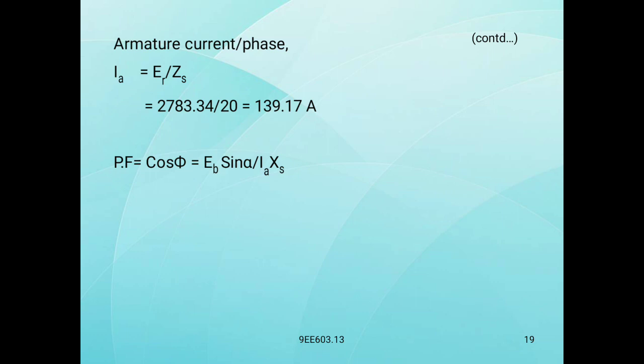We know the values of EB, sin alpha, IA and XS, so by substituting those we get cos phi. Cos phi is equal to 5414 into sin 29.01 by 139.17 into 20, that is 0.943 leading.